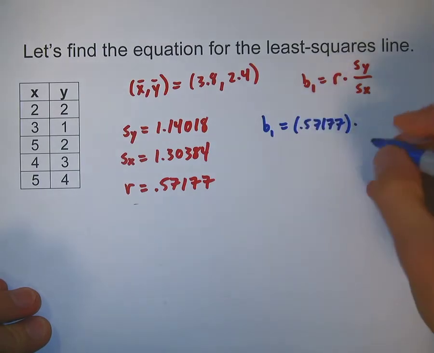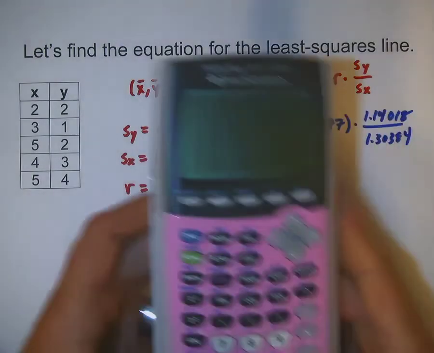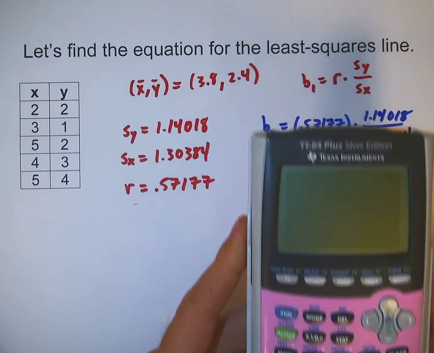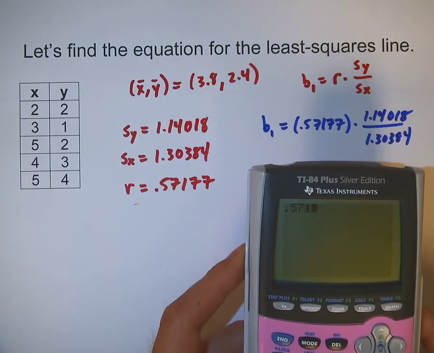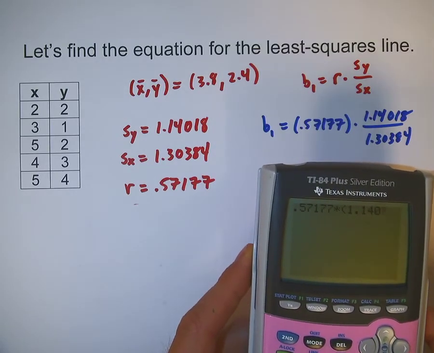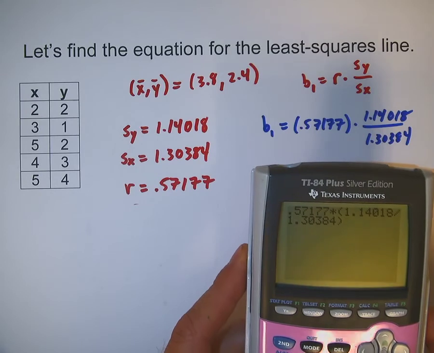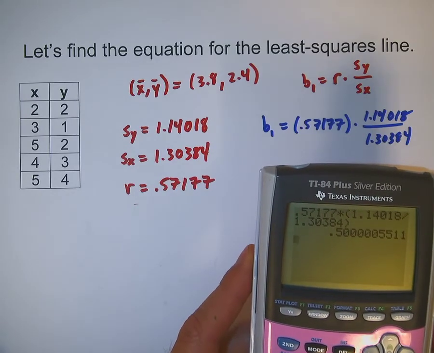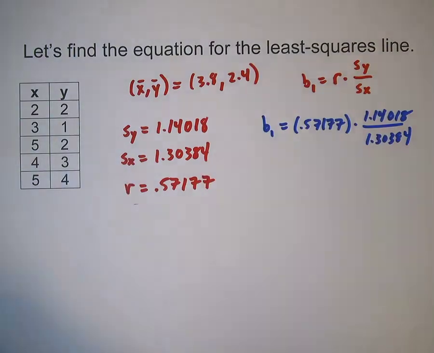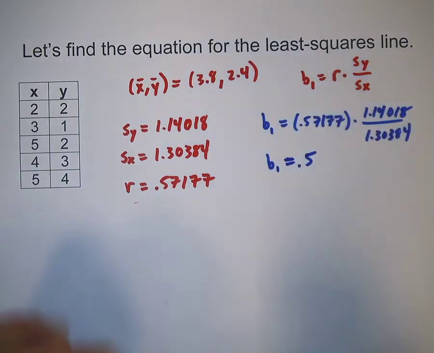I'm going to take r times the ratio of these two values, and I will do that on the calculator. So it's 0.57177 times 1.14018 divided by 1.30384. If I hit enter, I get a value very close to 0.5. I'm going to round that to 0.5 because it is very close to that. So b1 is equal to 0.5.